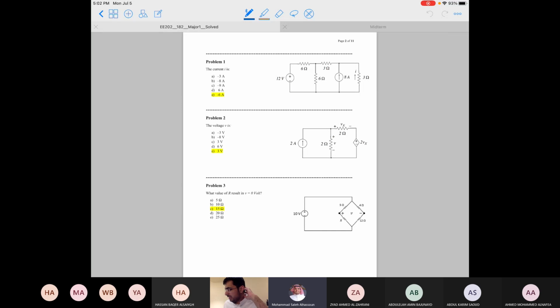Then I will move to another exam, inshallah, if we have time, and I will solve some parts. This is for exam 1, and I think there's one for exam 2. I'm going to solve some problems from exam 2, because in the previous semester it used to be major exam 1, major exam 2, and final.